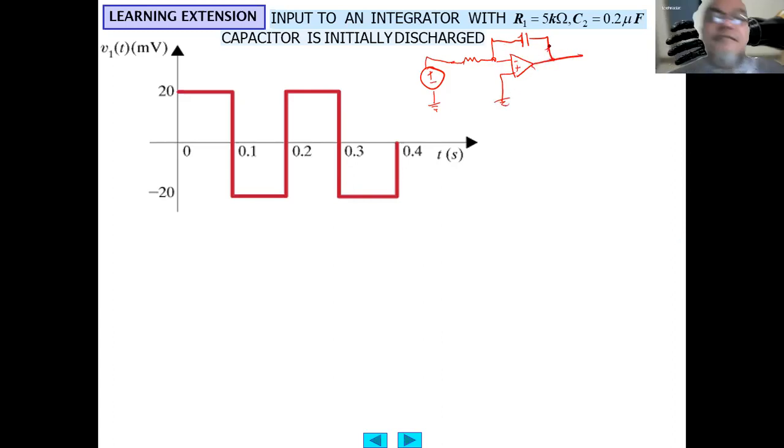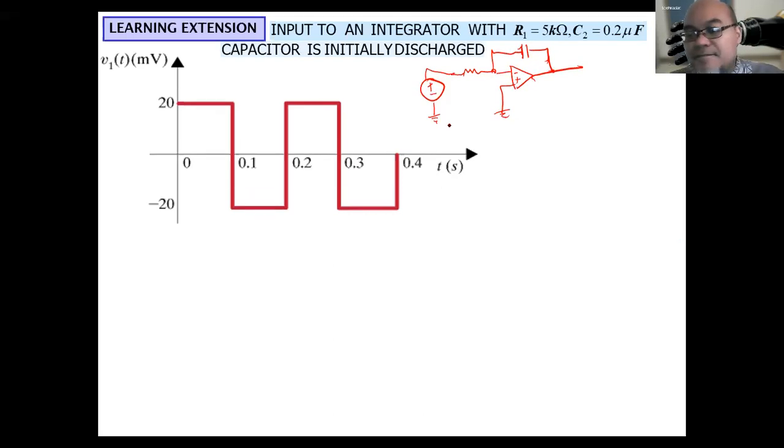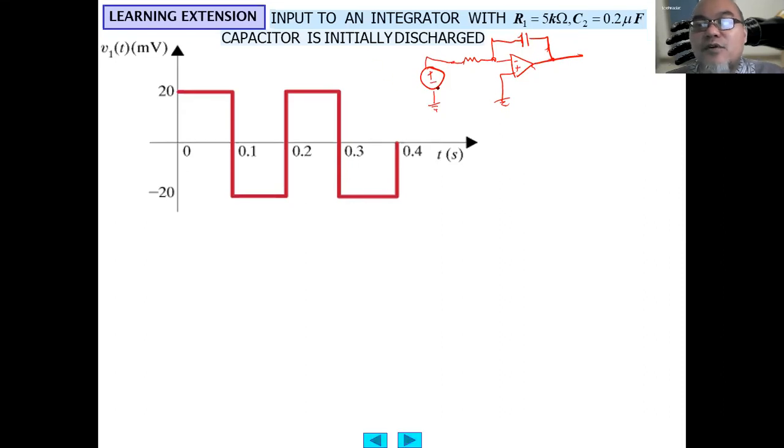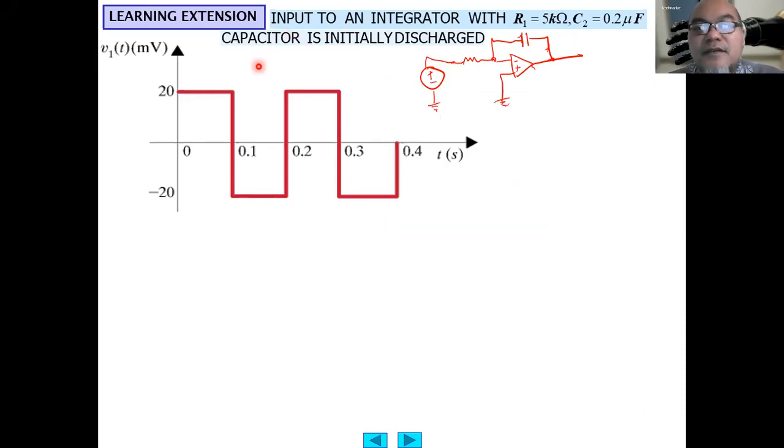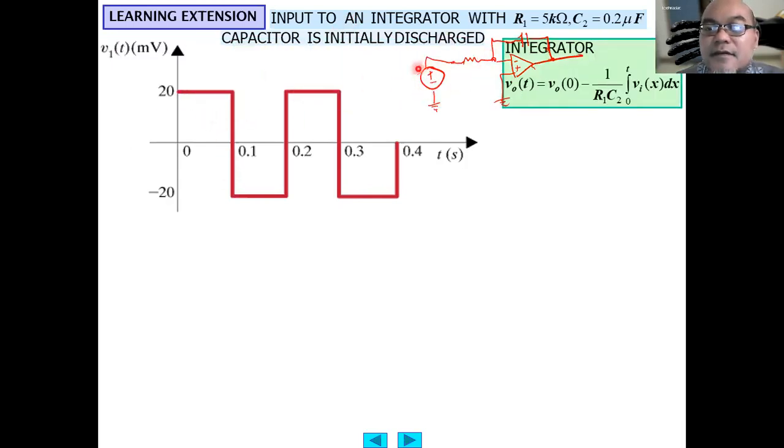This is the integrator. The input to the integrator has R1 equal to 5 kilo ohm and C2 equal to 0.2 microfarad. The capacitor is initially discharged. This is the voltage. Here we will integrate. Integrate means that if it is a flat constant line, the integration result will be a ramp line. Can you still read this? If you can see it, I do not need to erase.